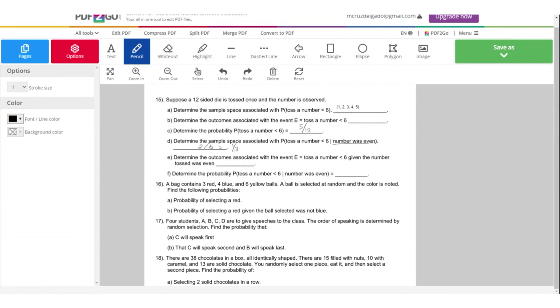Again, the sample space is what I just told you. Breaking it down is kind of too simple for me, but that's the sample space.